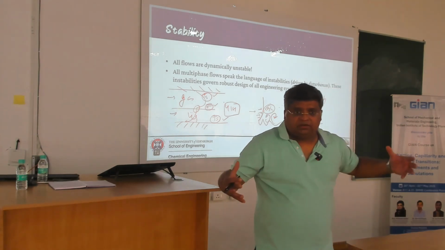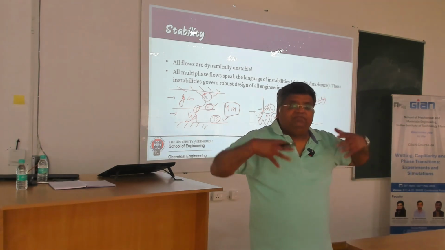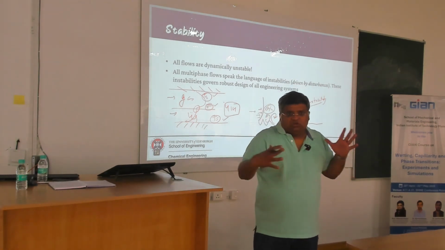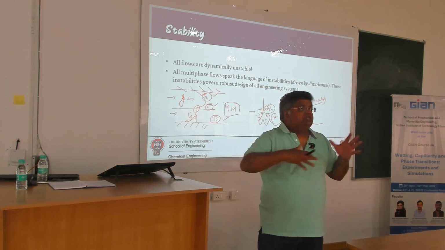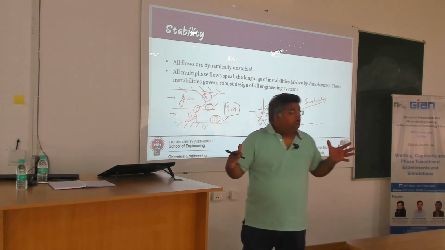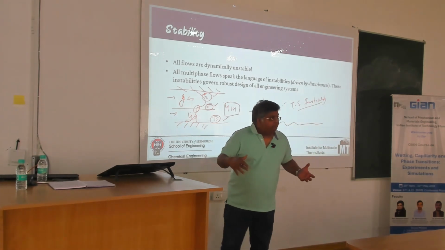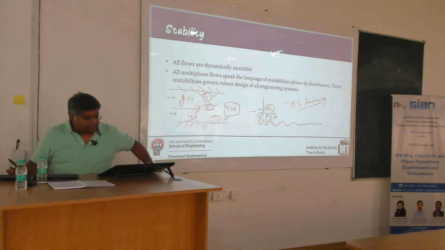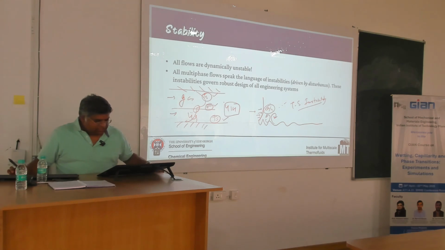Because once you have waves, it can go into slug flows, which is like a tsunami in a pipe, with huge pressure drop and pressure drop costs. So you need to understand these instabilities well and how they impact engineering systems.